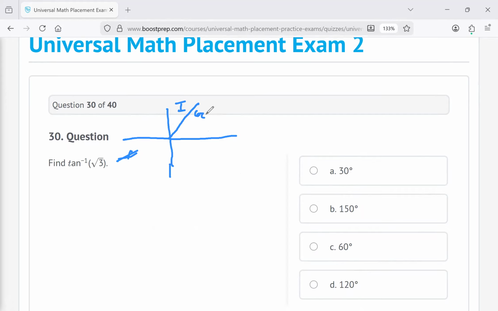Here's 60. It has an x coordinate of 1 half and a y coordinate of radical 3 over 2. So what is tangent? It is y over x. So it's going to be radical 3 over 2 over 1 half, right? As you can see, the 2's cancel, so we're just left with radical 3. So it's going to be 60 degrees.